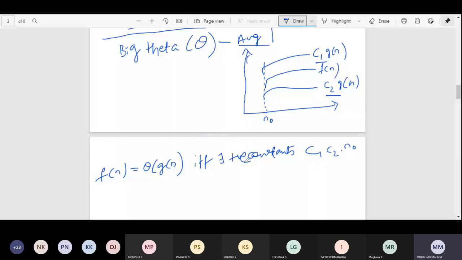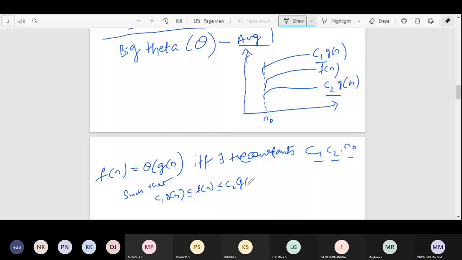Okay, if there exists positive constants C1, C2 and n0 such that C1 g of n and f of n will be in between, right?